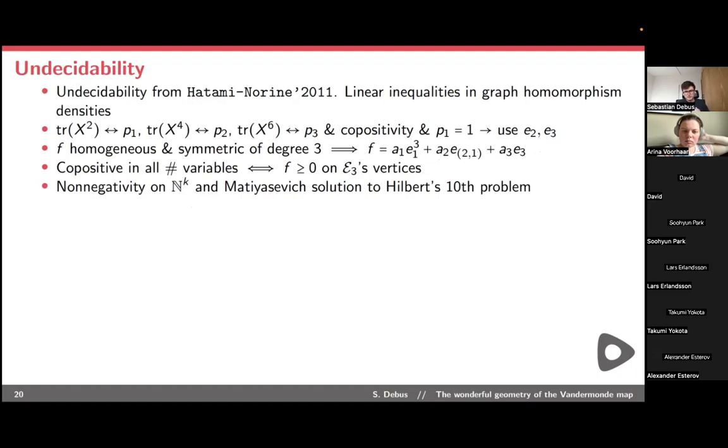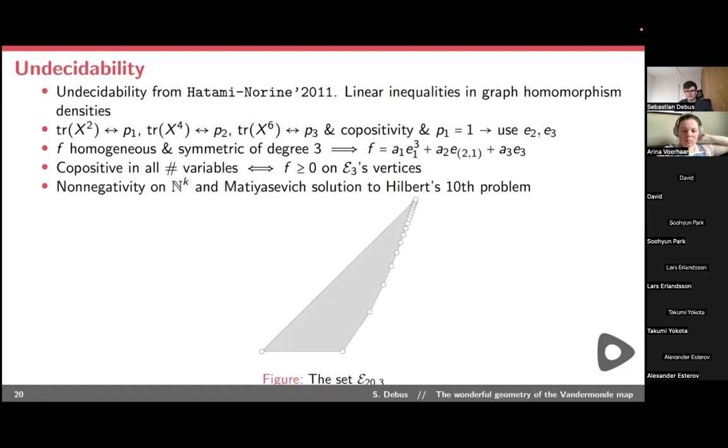And then they deduce from Matiyasevich's solution to Hilbert's 10th problem that deciding non-negativity of such polynomials on k powers of the natural numbers is an undecidable problem. And from there, the undecidability follows. Actually, it's the other way around: you embed Matiyasevich's problem into the problem of deciding non-negativity on n to the k.